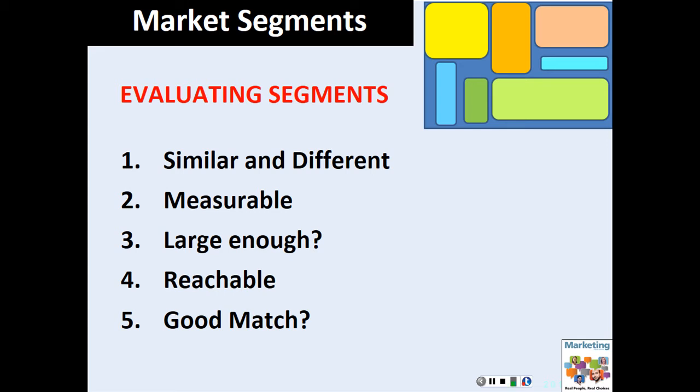But let's say I segment my market into left-handed people and right-handed people. Size and measurability are not a problem, because I can measure that. I think there are a substantial number of left-handed people in the country. But can I reach them differently than right-handed people? No, I cannot. Left-handed people do not read different magazines than right-handed people.